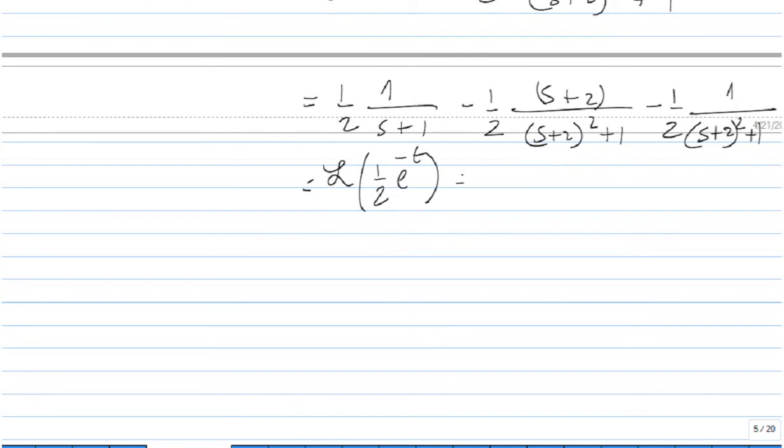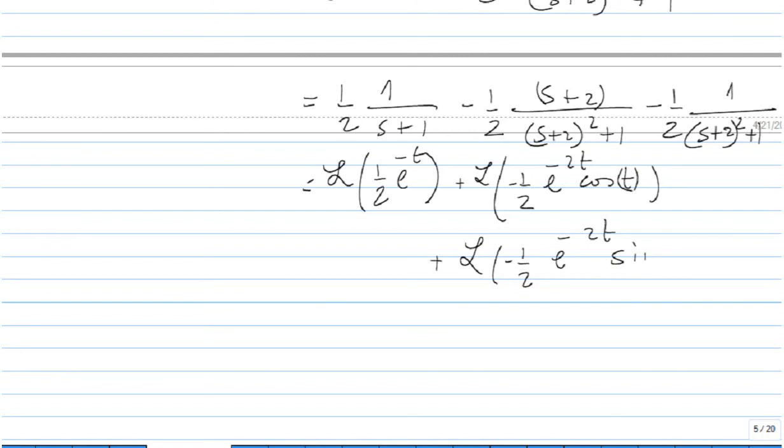This one will give me plus the Laplace of minus 1 half, and here I have to use e to the minus 2t cosine t, plus the Laplace of minus 1 half e to the minus 2t sine of t.